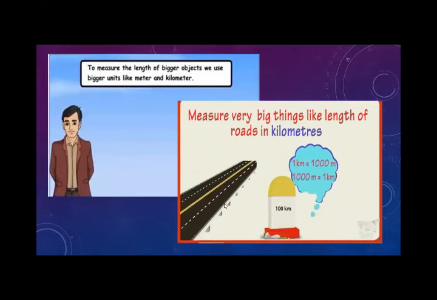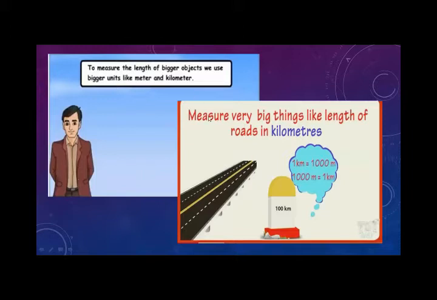Okay, here the road is very long, that's why here centimeter scale is not enough to measure this road. So which unit you use here? Kilometers, because road is always measured in kilometer. Okay, remember that to measure the smaller objects we use millimeter and centimeter, but to measure the length of bigger objects like roads and any other bigger objects we use bigger units like meter and kilometer.